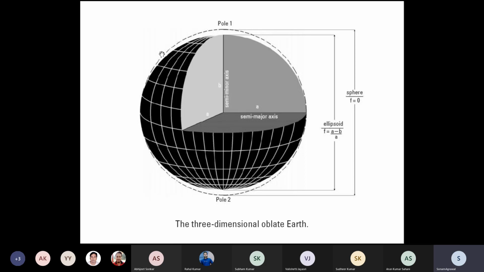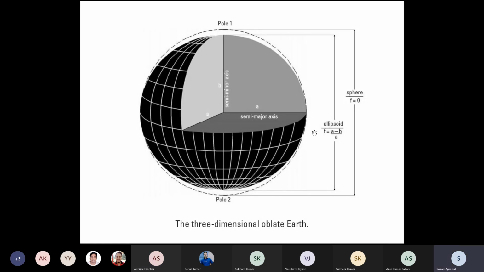There are only very small changes, so there will not be a very significant difference between the bulging at the equator or the flattening at the pole. That's why in this diagram you can see on the left-hand side that no dashed circle is appearing, and even on the right-hand side there is almost an overlap.